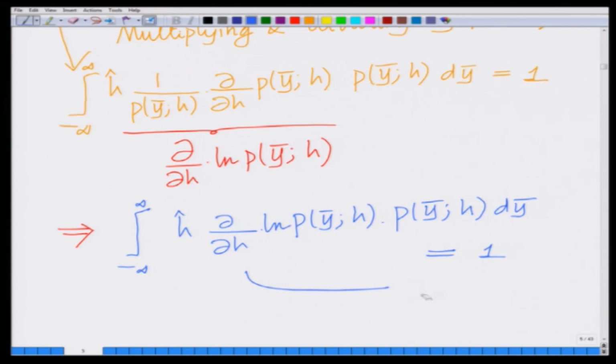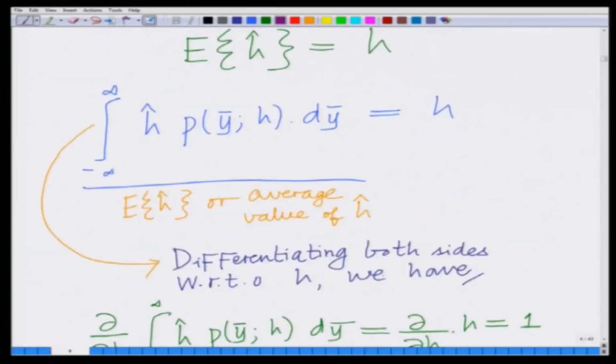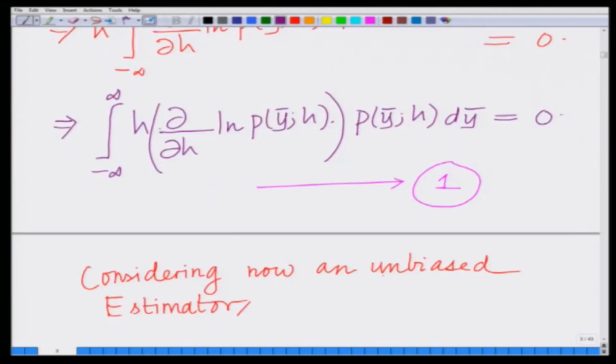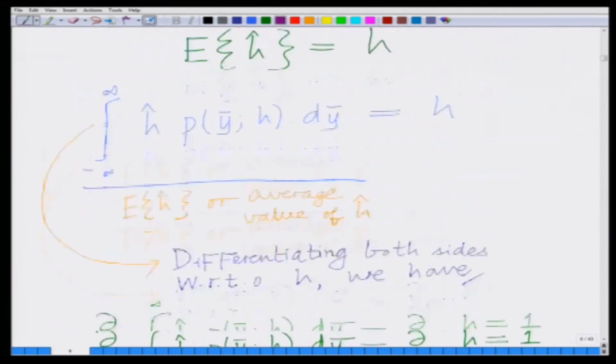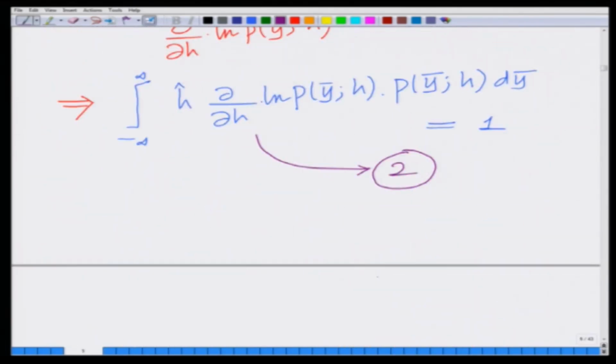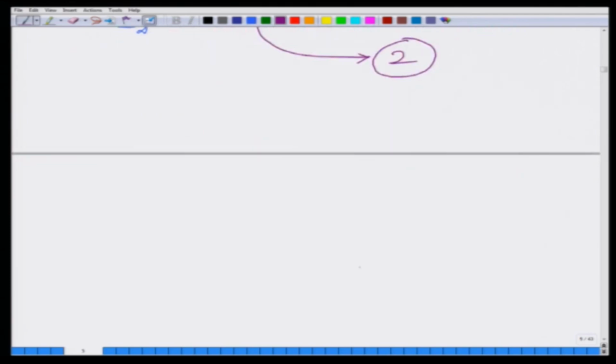So, we derived two results basically. This is your result number 2. Previously we derived result number 1 and now we have derived result number 2. Now, let us subtract 1 from 2. So, let us look at these two results. We have result number 1 over here and result number 2 over here, and now performing result number 2 minus 1.